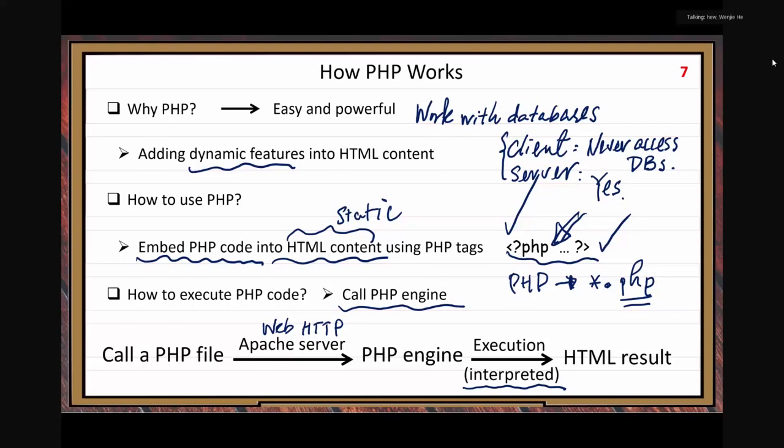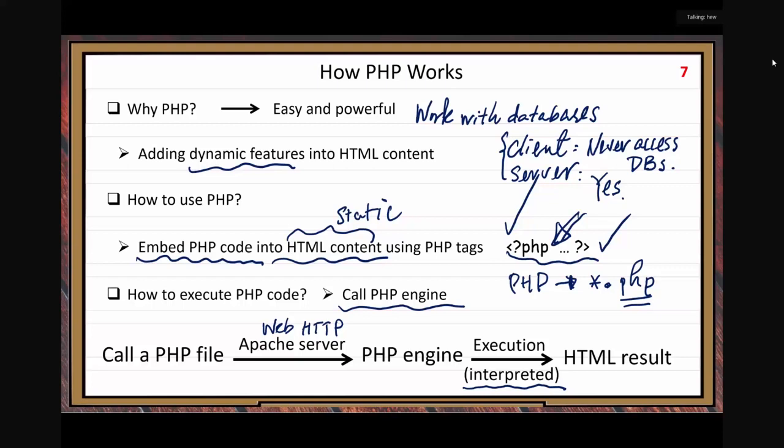Most of the time it's HTML content, but in some special cases it could be other content or files. At this point, we just consider the most common case: the PHP program produces HTML content.